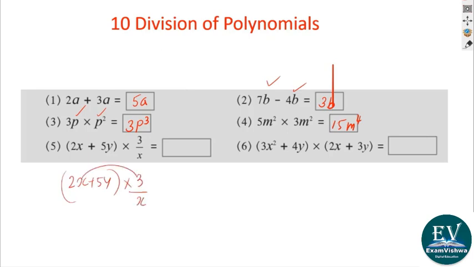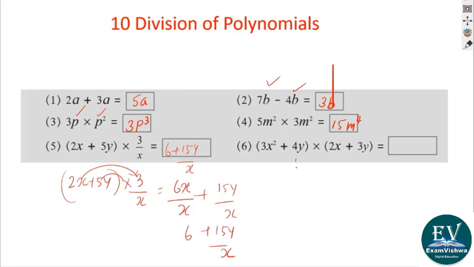You can multiply individually 2x with 3 upon x and again 5y with 3 upon x. Thereby 2x into 3 upon x gives 6x upon x, plus 5y into 3 is equal to 15y upon x. The x will get cancelled and you will get 6 plus 15y upon x. Correct? So you will have an answer like that.